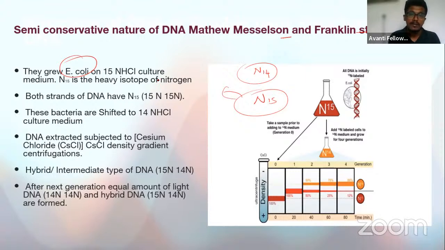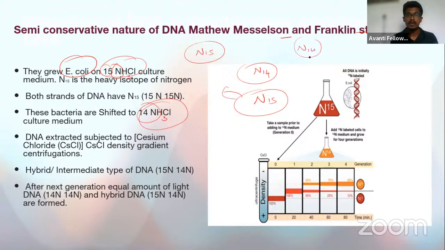So we can provide this nitrogen through ammonium chloride, NH4Cl, okay. In one NH4Cl, the nitrogen is of the heavy isotope, and in the other NH4Cl, what they used is the lighter isotope, that is N14 and N15. Now they grow E. coli on N15 media for several generations, and on normal N14 media also for several generations.